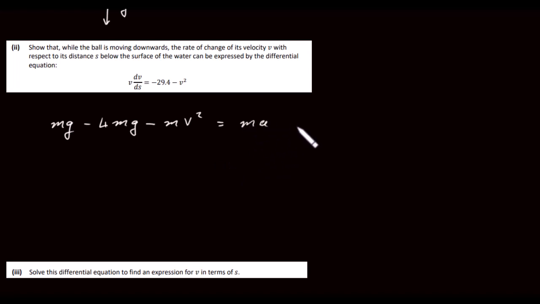So the mass times acceleration is going to be m times v dv ds. Remember that acceleration can be written as dv dt or v dv ds. We have v dv ds in our equation up here, so that's what I'm changing acceleration to.